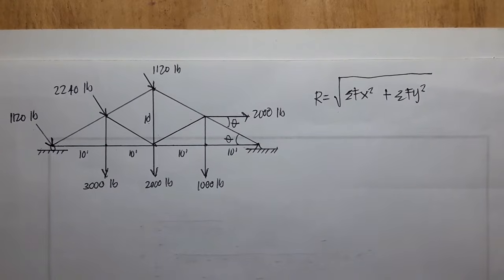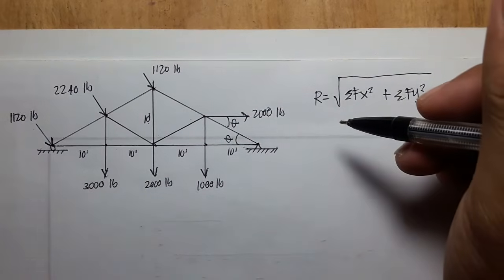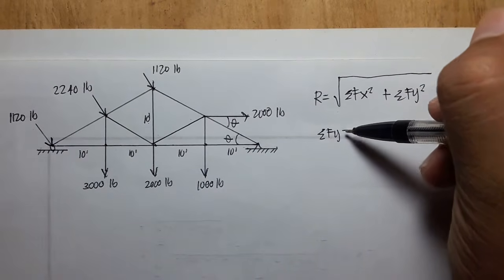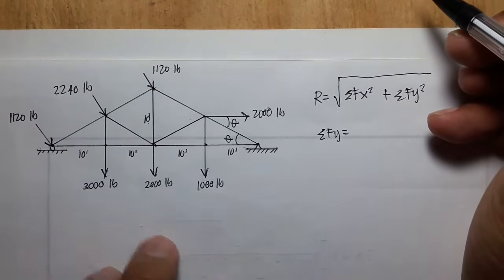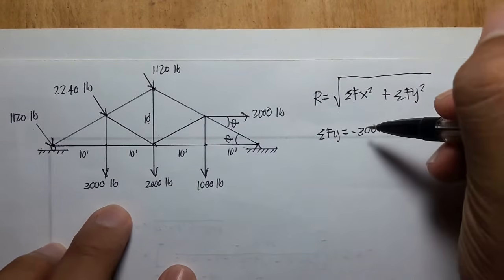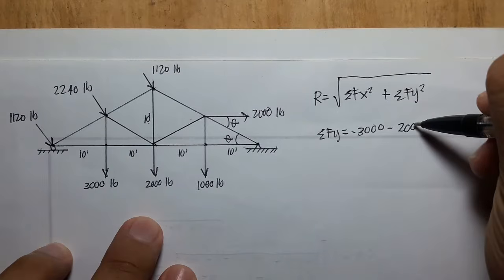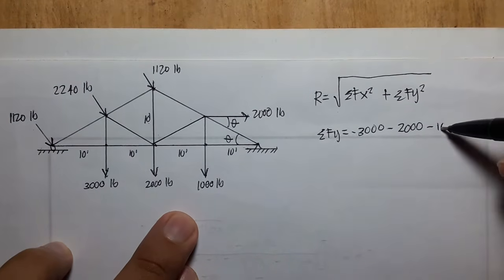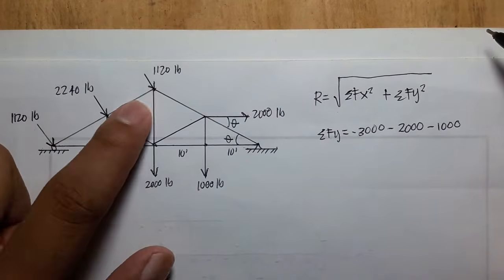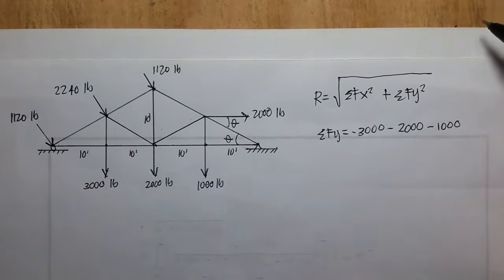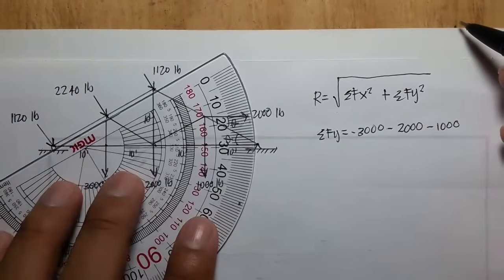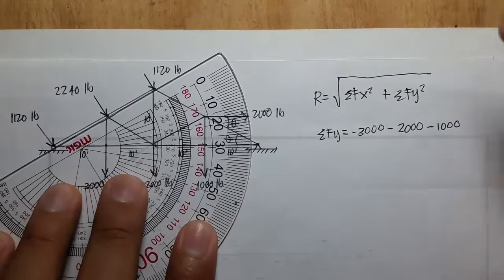First I would like to sum up forces y. The summation of forces y is equal to negative 3,000 minus 2,000 minus 1,000, then the y components of these three forces. So first we would like to know the angle of these three forces.